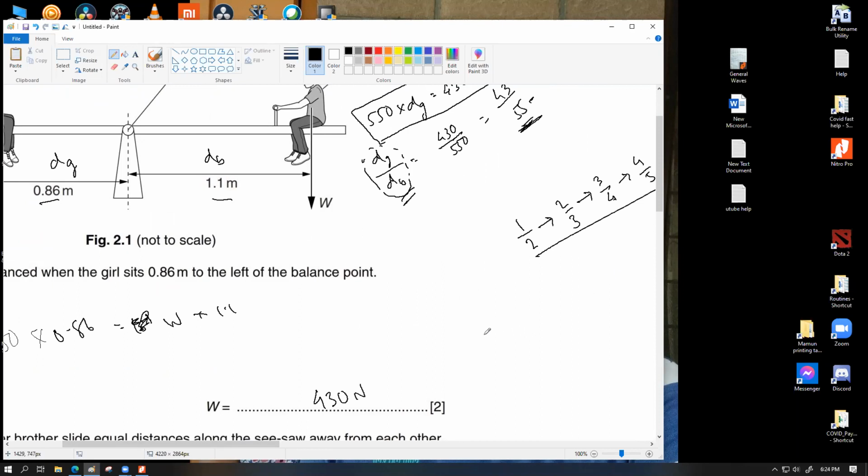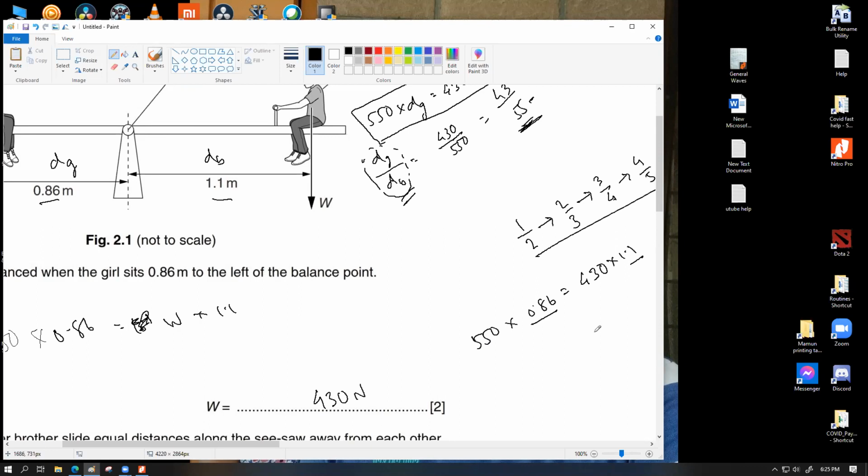So here we had 550 into 0.86, which was equal to 430 into 1.1. Okay. So the next part is actually really simple. Choose any value and add it to this distance for both of them and find out which one becomes larger. So let's say I'm going to increase both of them by 0.1.